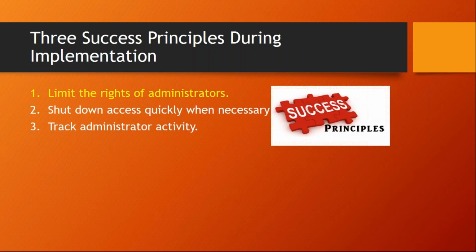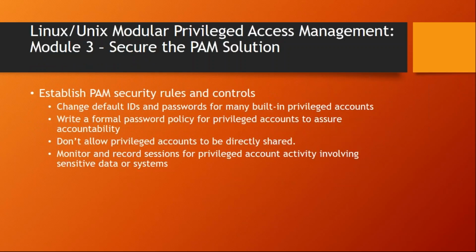And my third principle is track administrative activity. A lot of organizations have a system to track what employees are doing, but tracking often doesn't extend to the super users. It needs to hit them also, folks. Existing technology can record keystrokes and observe the actions in real time.